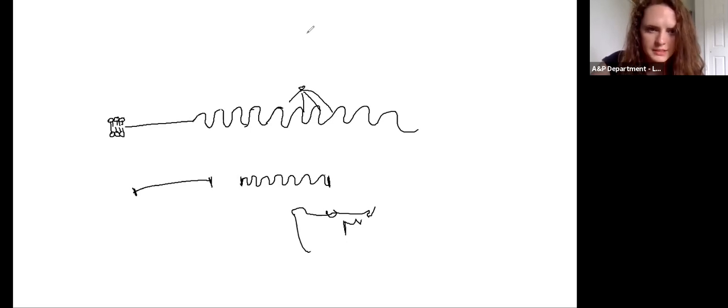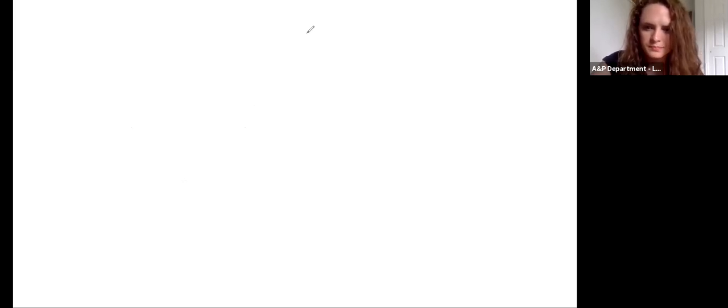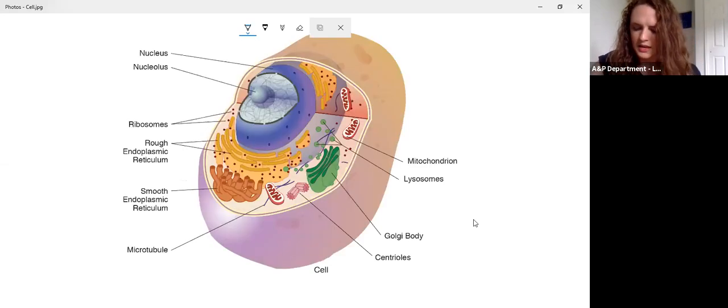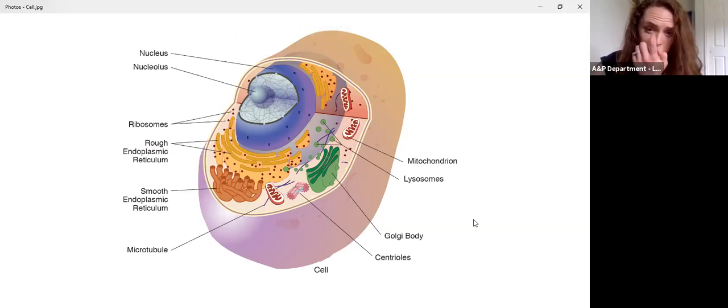Go back to my cell here. Okay, centrioles are our next thing. I think of these as like two little pieces of firewood. Centrioles are in charge of cell division. You would have a centriole on the other side over here as well that's covered, so you'd have two, one at this end, one at this end.